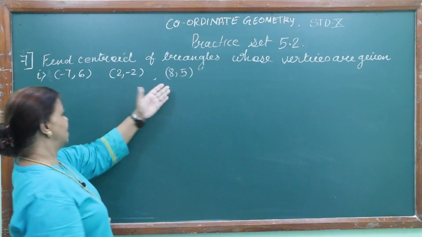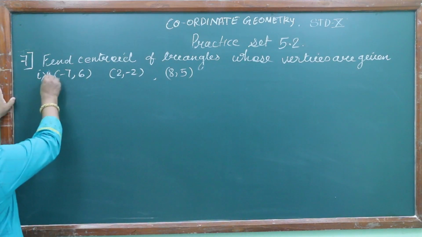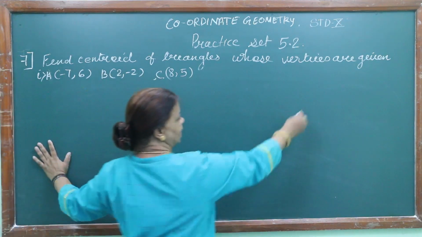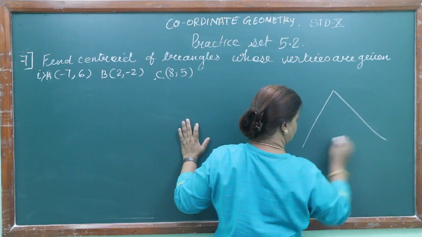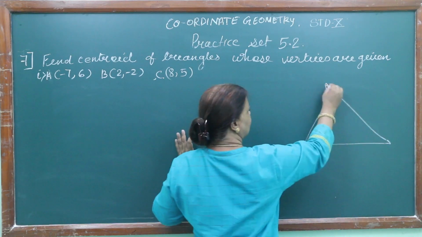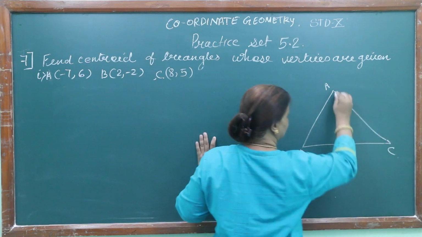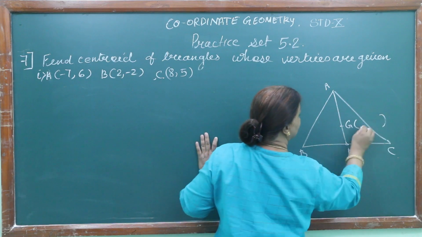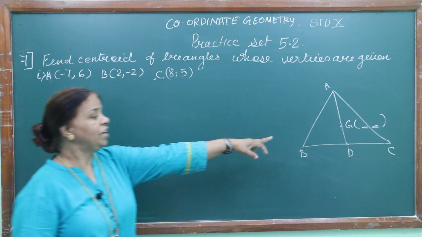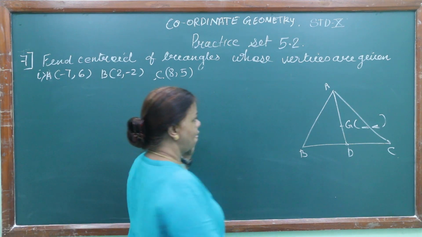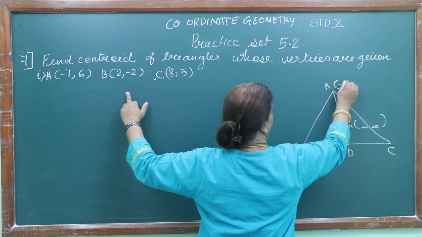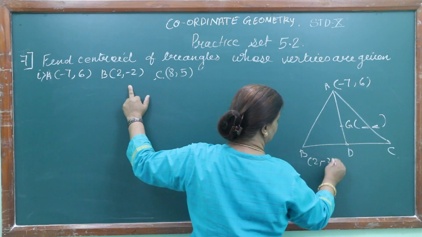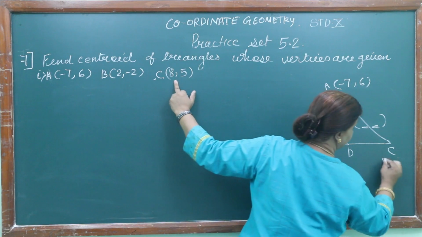Let us assume them as A, B and C. If A, B, C are the vertices of the triangle, children, and AD is the median, G is the centroid, we need to find out the coordinates of the point G. A is given as (-7, 6), B is given as (2, -2), and C is given as (8, 5).